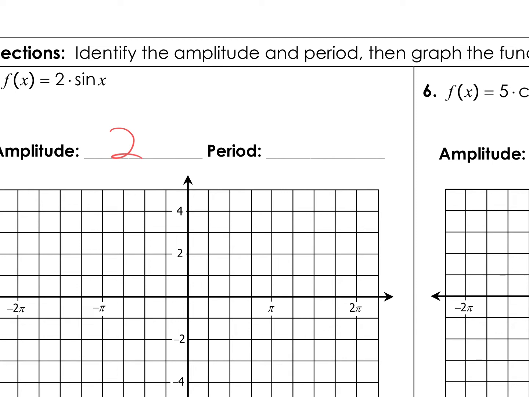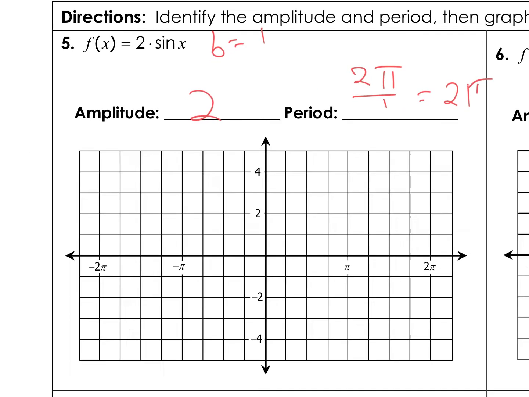What's the formula? 2 pi over what? Over 2? No. Remember, it's over the number, the letter B. What is B in this problem? Oh, 1. So 2 pi over 1. That means the whole picture finishes in 2 pi, right?